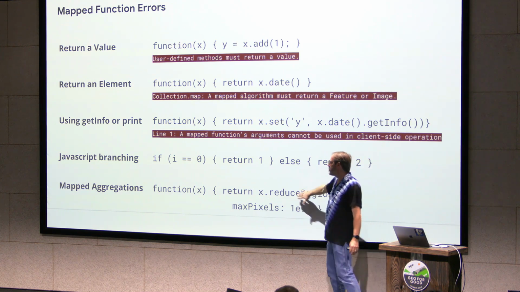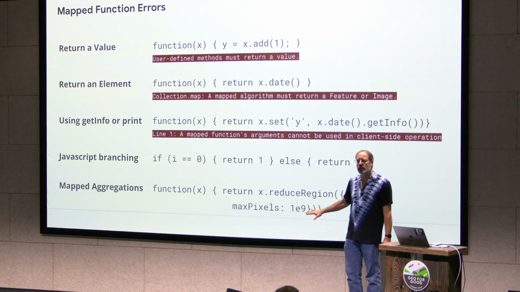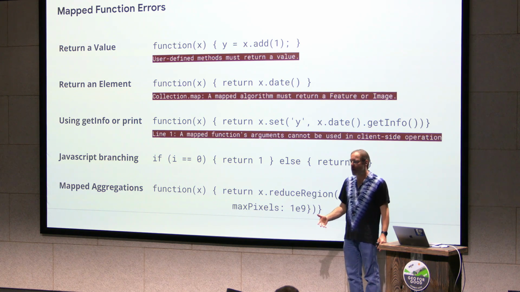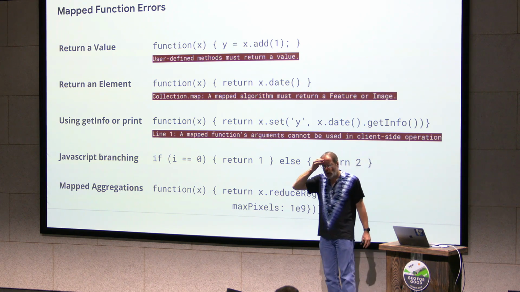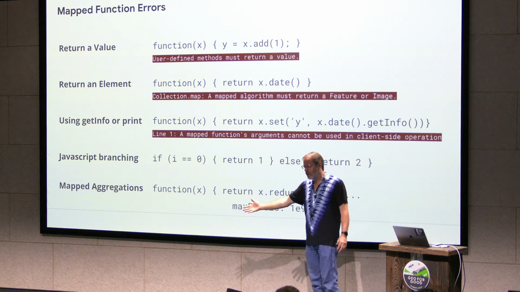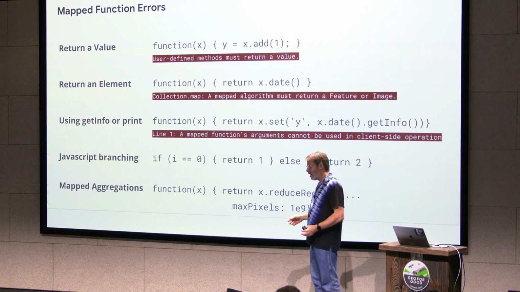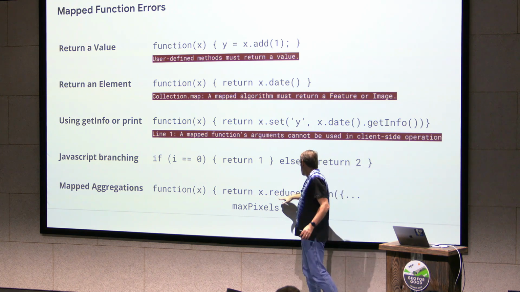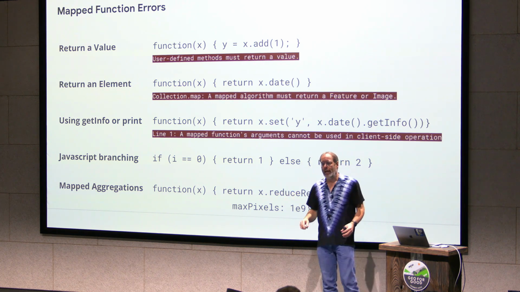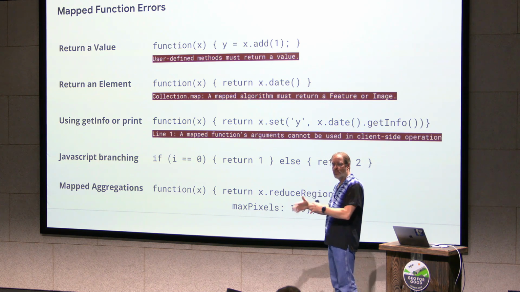And then mapped aggregations aren't actually an error. They're just a place where you can have a problem. When a mapped function makes it to the server, it gets run 20 times in parallel, give or take. When you run something like a reduced region, it starts up something like 20 workers to try to answer your reduced region call.